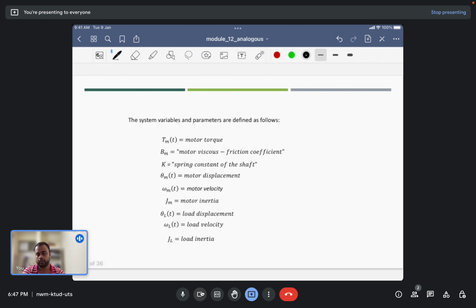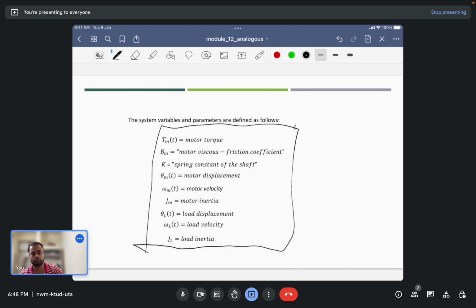So these are all the variables. I listed them earlier previously, so again, please go through the list of variables. Okay, I hope you have gone through this list. So let us now move to writing the equations.